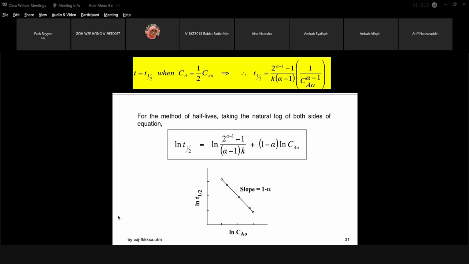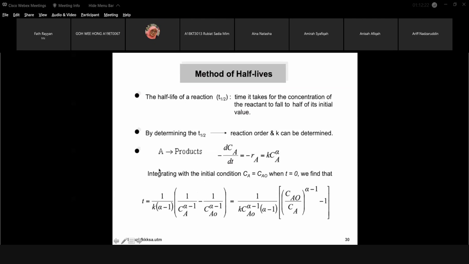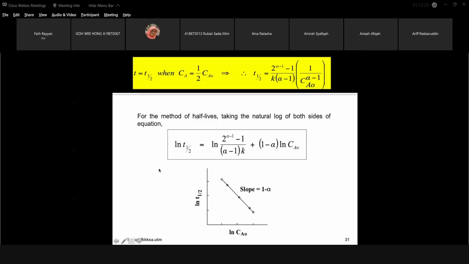Then okay, this is the equation when T equals this half, the CA also becomes half. Then you got this one, you subtract in this equation. Okay, and then you put in the ln graph.